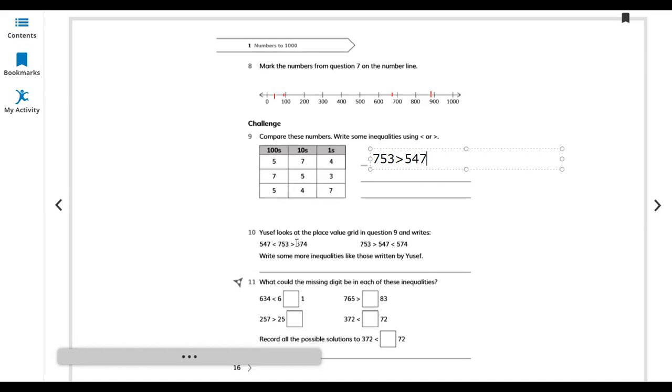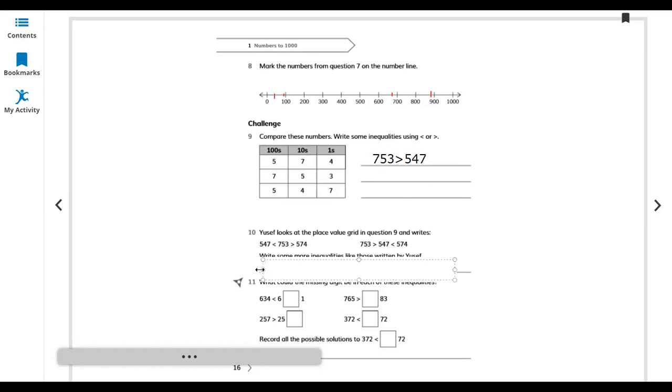Question number 10. Look at the place value digit grid in question number 9 and write 547, 753. 753 is greater than 574, and 753 is greater than 547 and less than 574. Write some more inequalities in question number 10, more inequalities like those written before.